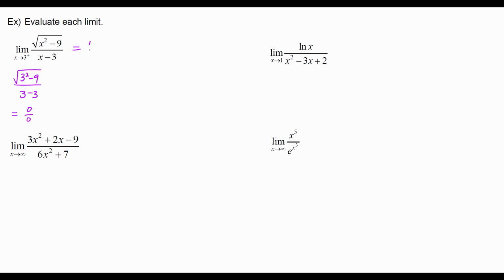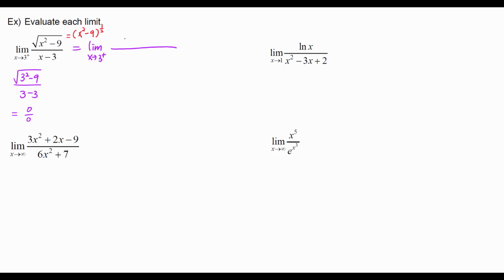So then the limit as x approaches 3 from the right. What's the derivative of the square root of x squared minus 9? The square root of x squared minus 9, if you rewrite it, is x squared minus 9 to the 1/2 power.